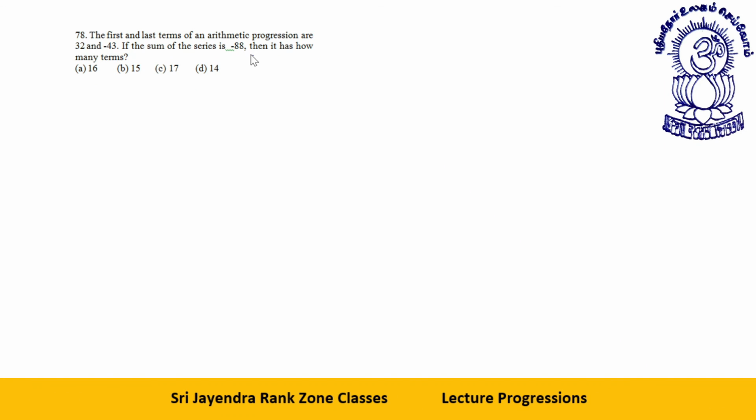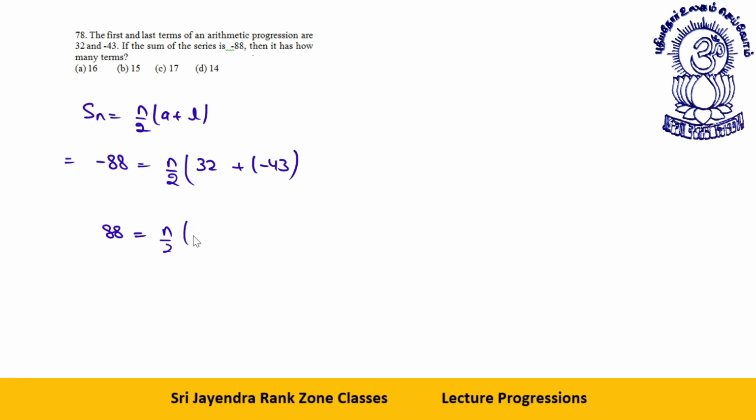The sum of the series is minus 88. Then it has how many terms? See, dear student, the direct formula is n by 2 into (a plus last term). Minus 88 is equal to n by 2 into (32 plus minus 43), which is n by 2 into minus 11. Getting it? Minus 88. So n by 2 is equal to 8, or n is equal to 16. Option A is the answer.